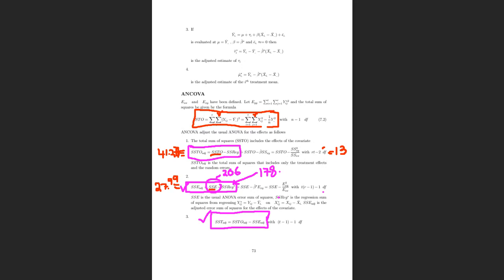Christopher, why are you saying it's for SSE? I'm talking about the one without the star. The one without the star goes with SSTO adjusted. The one with a star goes with SSE adjusted. Chris, what is your SS reg? It's 305.13.